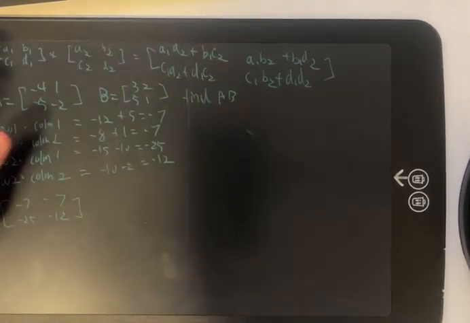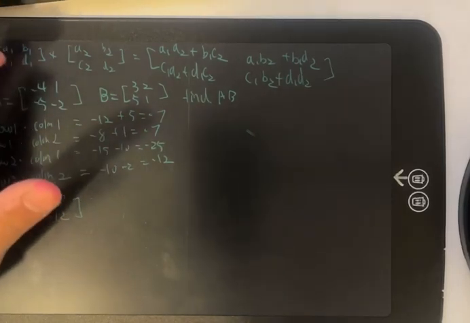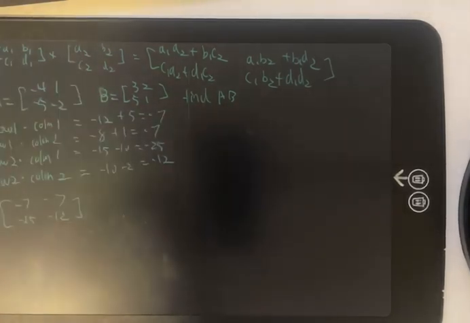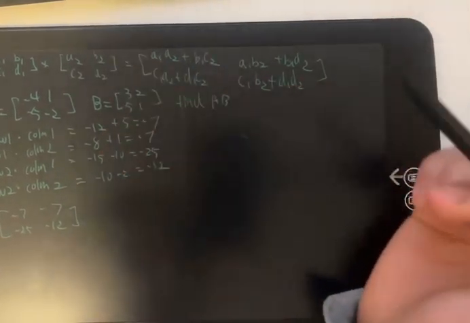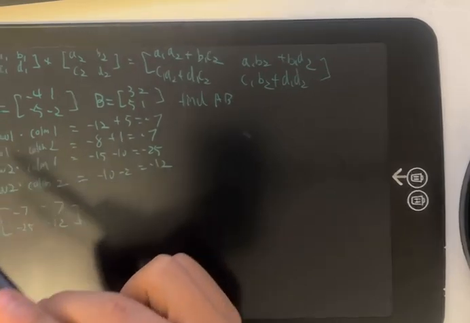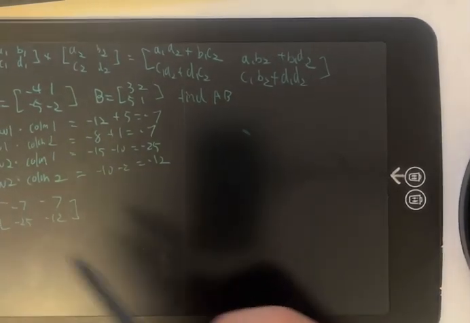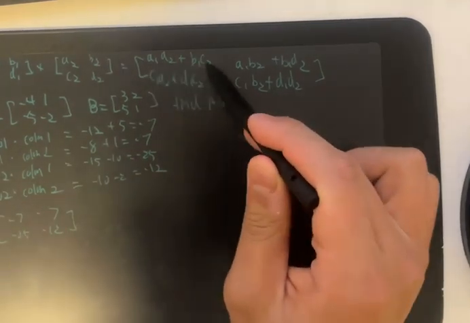So if you have A1, B1, C1, D1 times A2, B2, C2, D2, this is how we do it. The first number is row 1 of the first matrix times column 1 of the second matrix, and so we get this number right here.